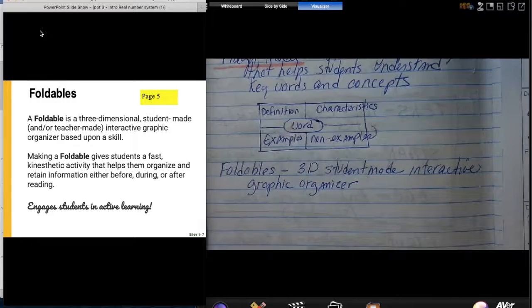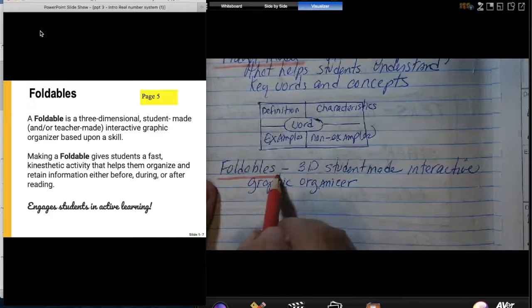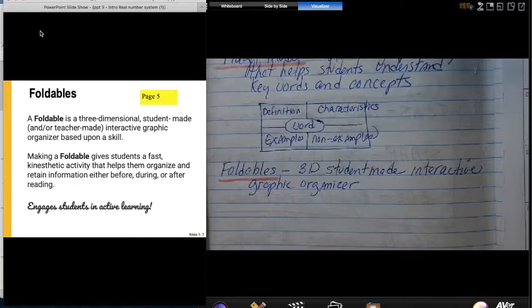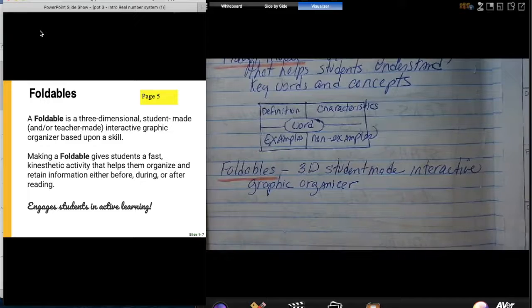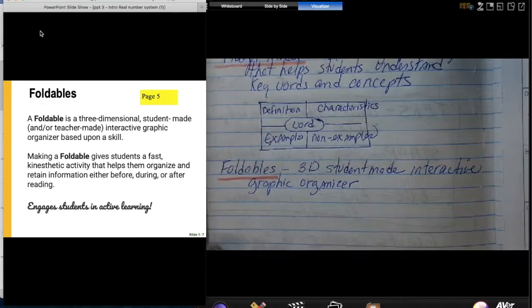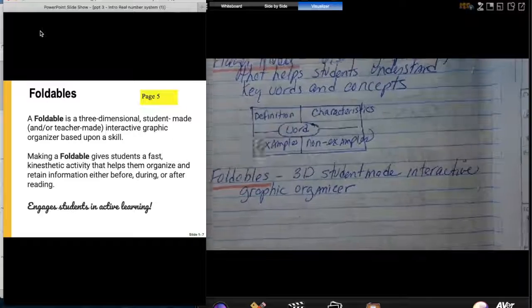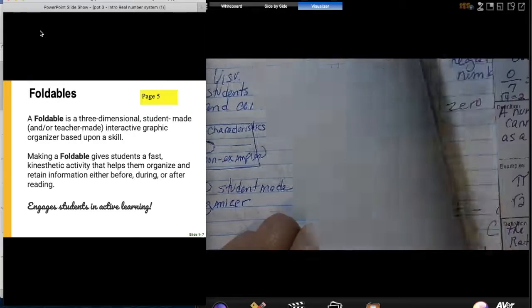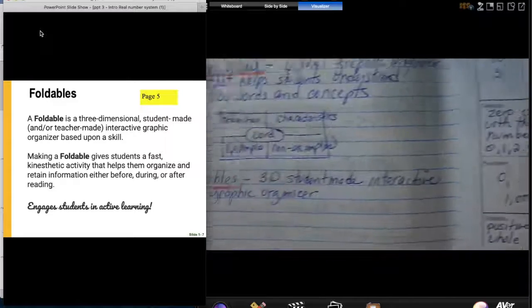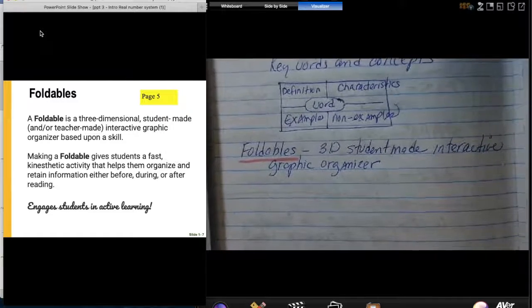Now, the term foldable is a new term that has been used by Dinah Zike, in which she describes anything that you glue to your interactive notebook and that you open and close, whether it has a shutter fold. Those are called foldables.